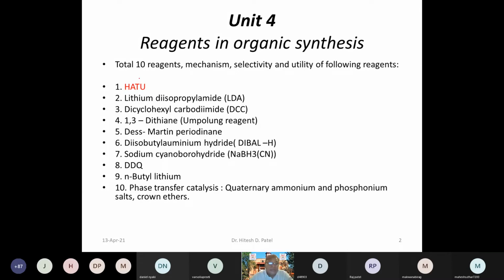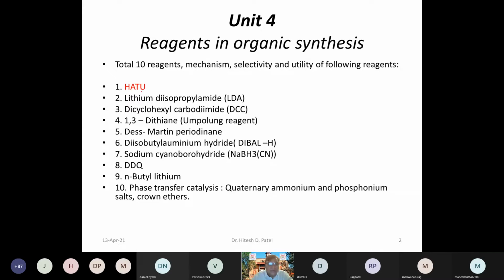What we have to discuss: we will discuss the 10 reagents, their mechanism, means how they are involved in a particular reaction, then selectivity, why a specific type of reagent is used to carry out a specific reaction only, then utility of the following reagents, means how many types of reaction we can carry out. The first one is known as HATU.